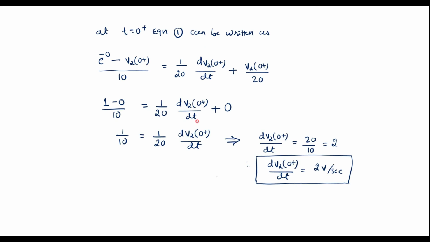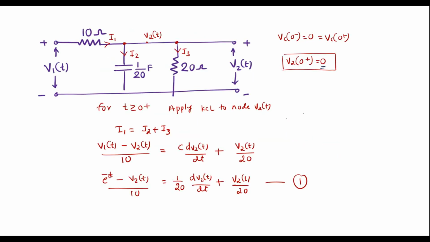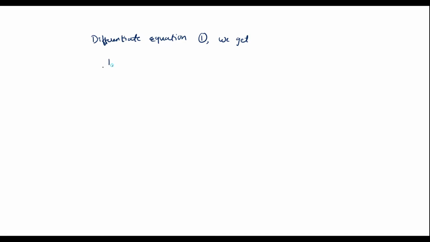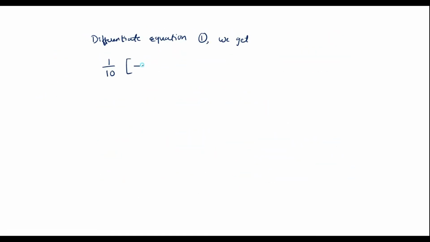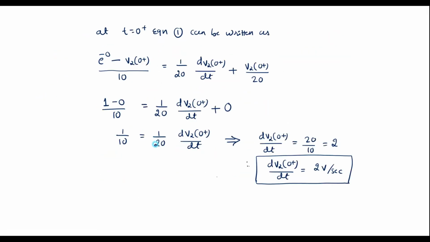Differentiate equation 1. We get, so here we can observe that e power minus t, let me take this 1 by 10 outside in bracket. Differentiation of e power minus t is minus e power minus t.